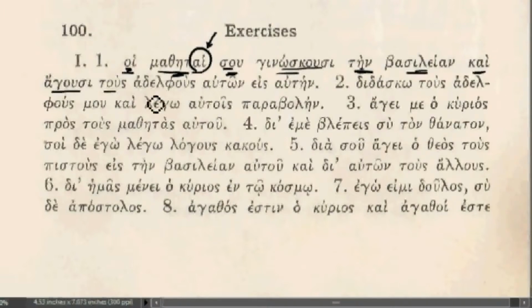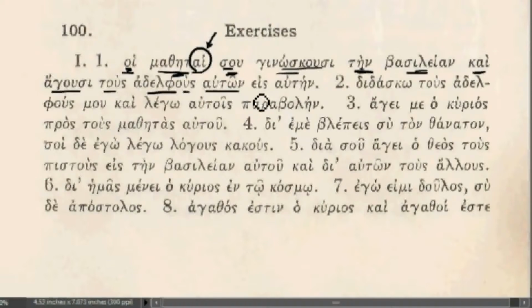Tous, this is of course accusative, plural, masculine, adelphous, and adelphous is accented on the ultima, and we're going to change that accent to a grave because it's followed by autown. And you may recall that no form of autos is enclitic. These are all, in every case, accented, and so we don't have any special rules applying. So adelphous, the accent became a grave, followed by autown.